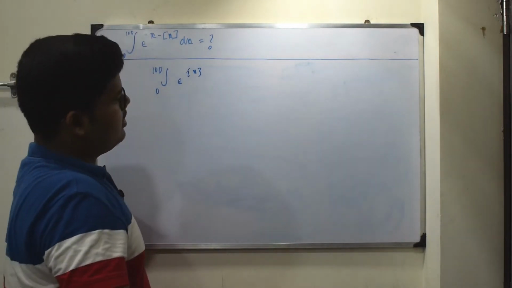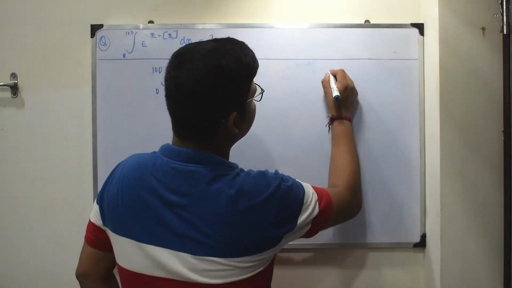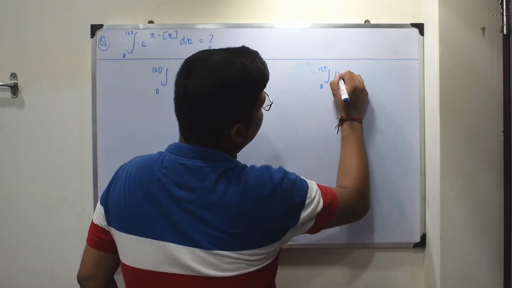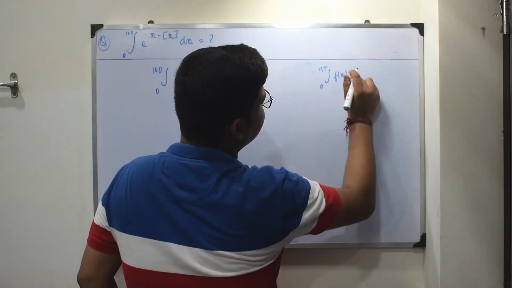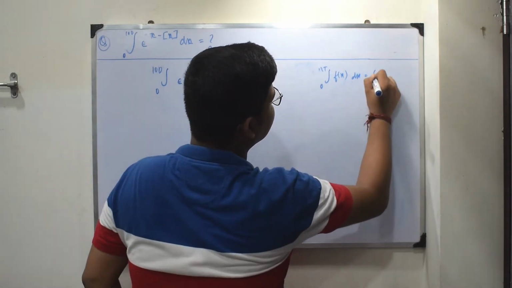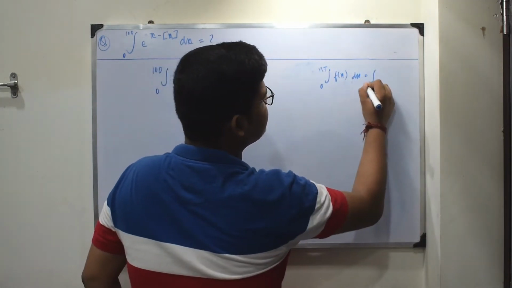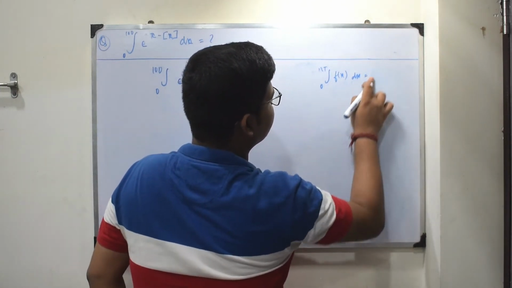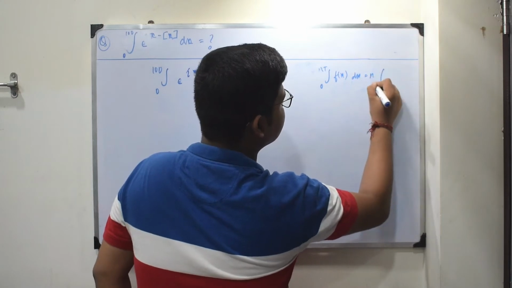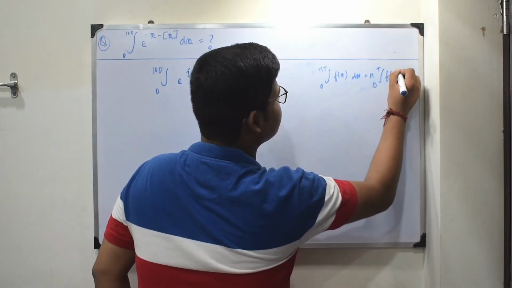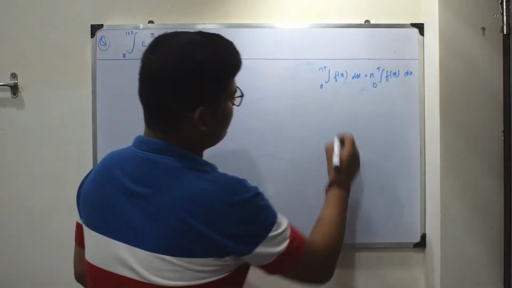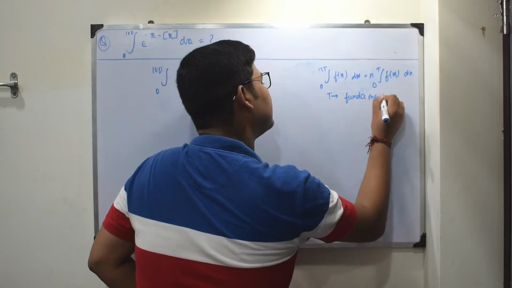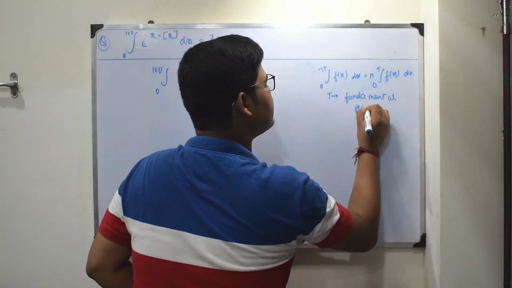Now we know there is a property for definite integrals: if a function has a period of t, then we can write the integral from 0 to nt as n times the integral from 0 to t of f(x) dx, where t is the fundamental period of that function.